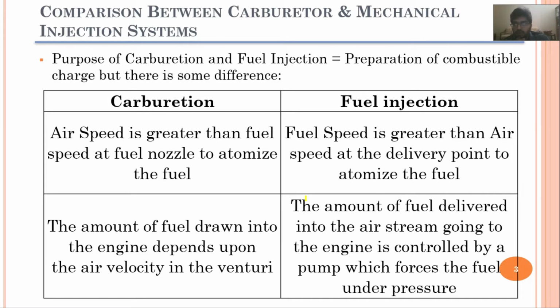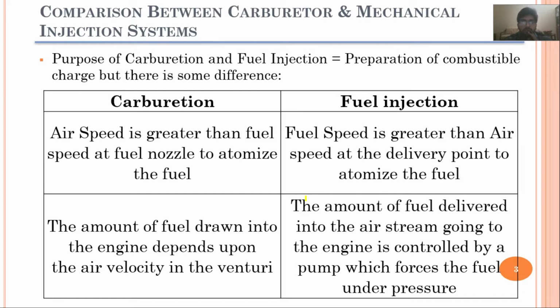Instead of a carburetor, in CI engines we have a mechanical injection system. The purpose of this mechanical injection system is not to prepare the air fuel mixture, rather it only sprays the desired amount of fuel at the end of the compression stroke in each cylinder of the IC engine.